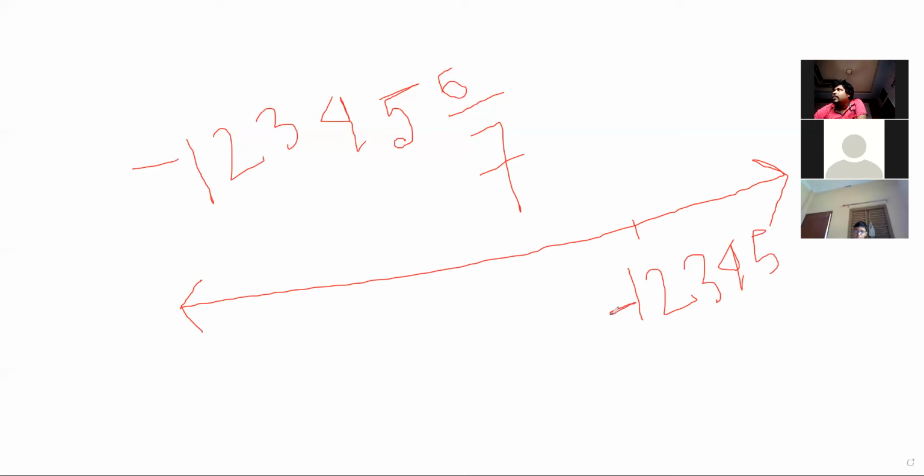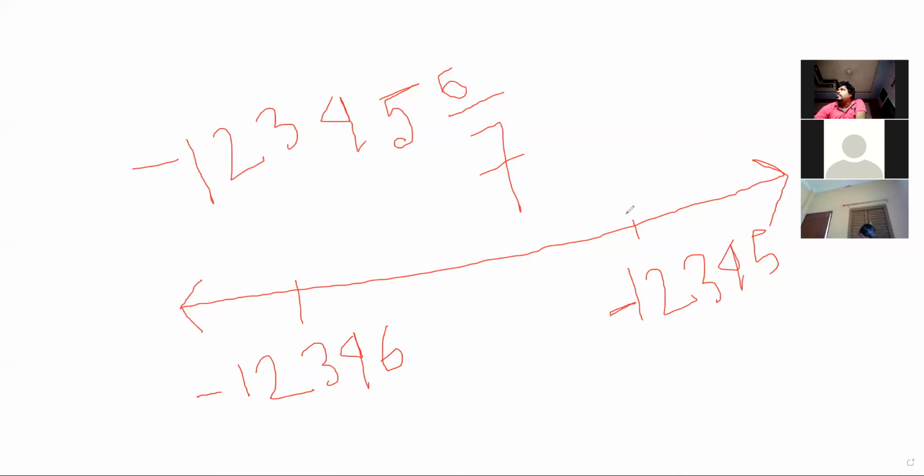Obviously the sign will be minus, and here 1, 2, 3, 4, 5, 6. Because this is on the left side, the numerical value will be large, but the actual value is small, right? Because the sign is negative.